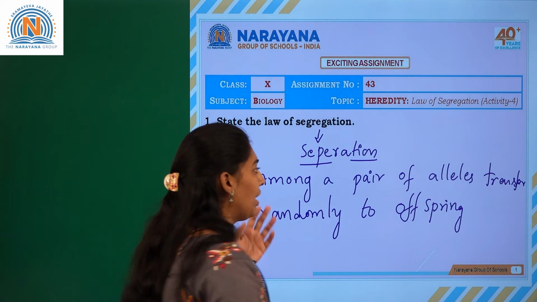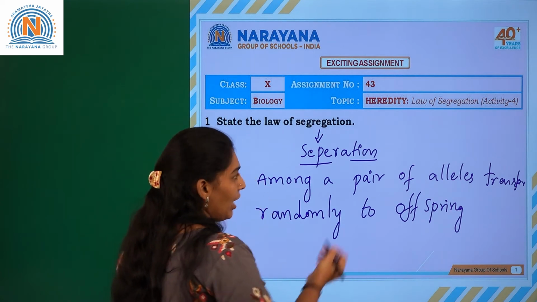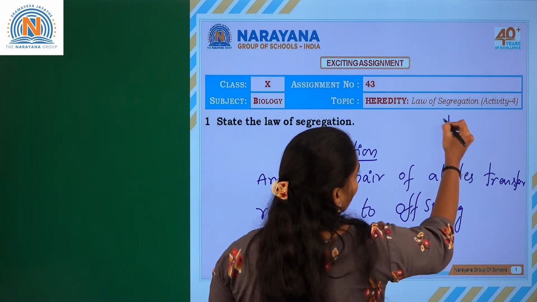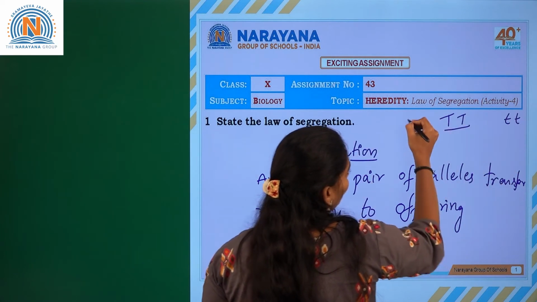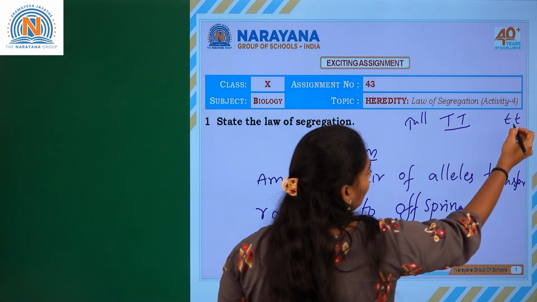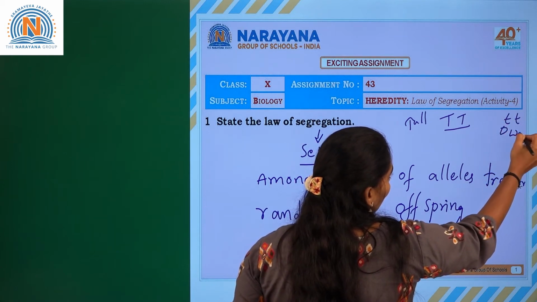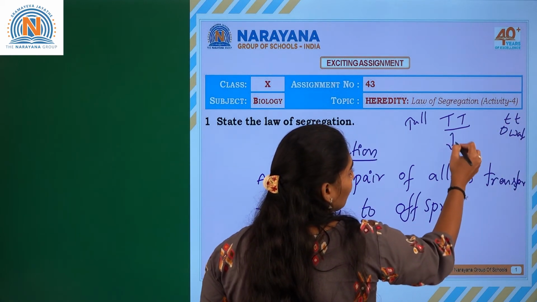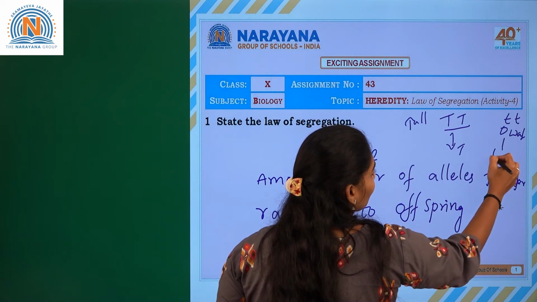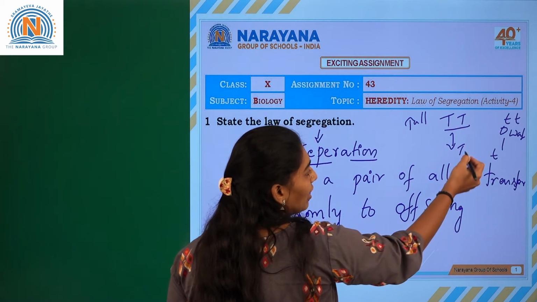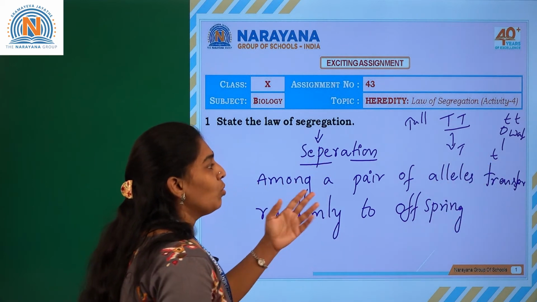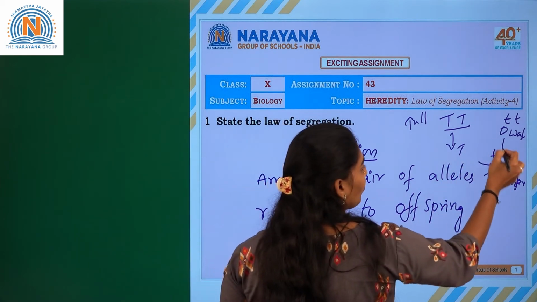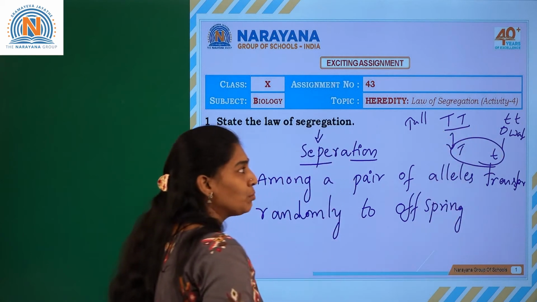For example, take capital T and small t: this is tall and this is dwarf. Only one is expressed in the offspring. The offspring consists of both capital T and small t.